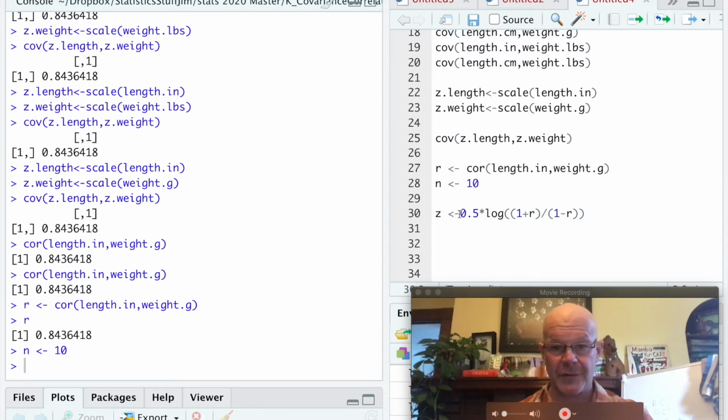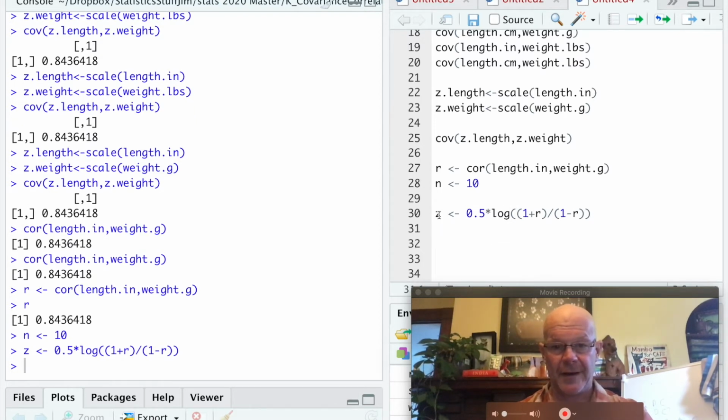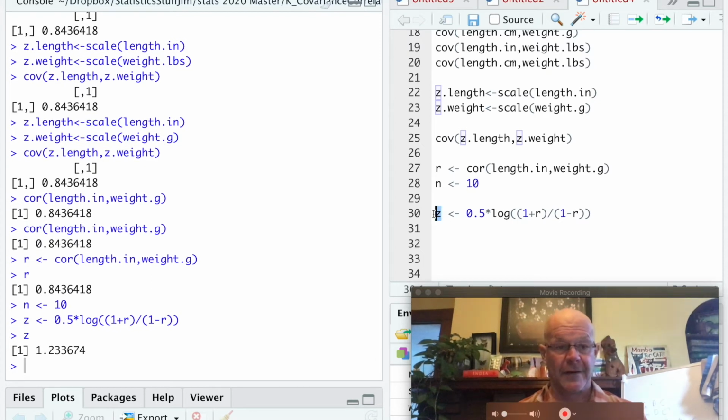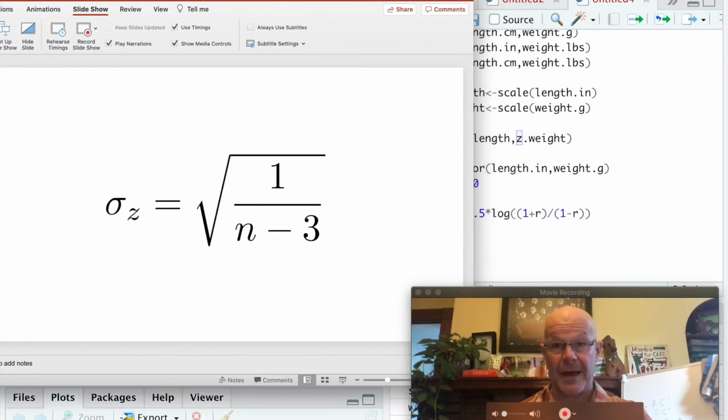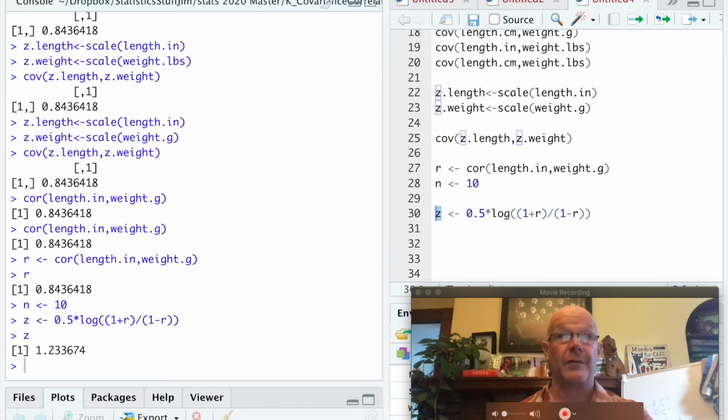We have done our Fisher's r-to-z transformation, and now we are in z land. And that's what it is in z land, 1.233674. The next thing we're going to need to do is calculate our standard deviation, which is simply the square root of 1 divided by 10 minus 3. And I'm going to call that sigma z.